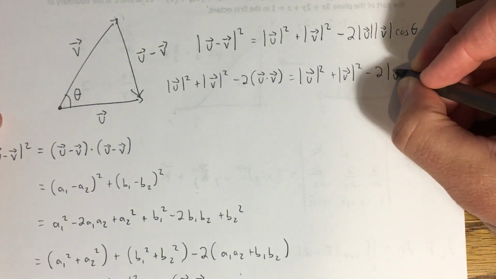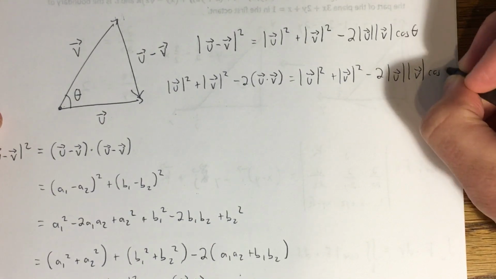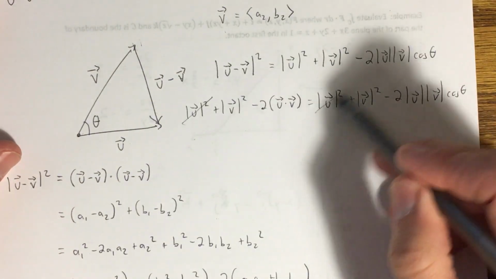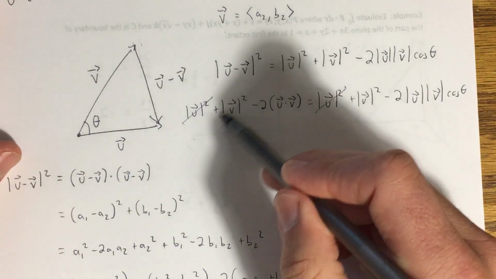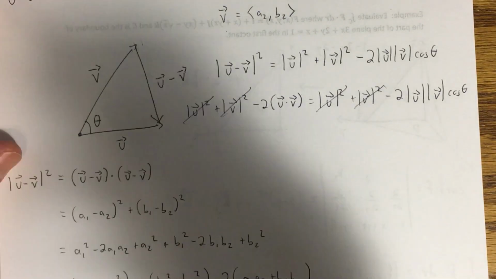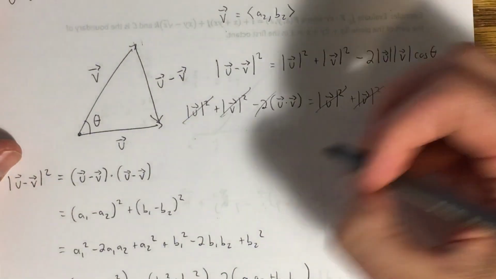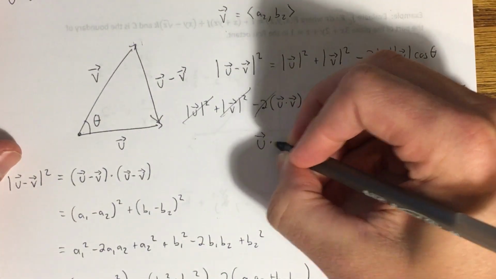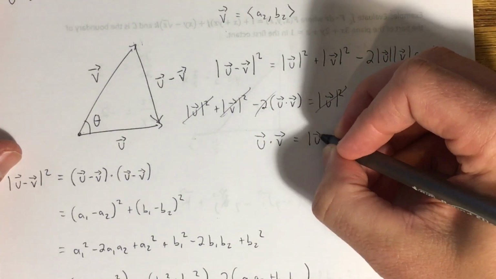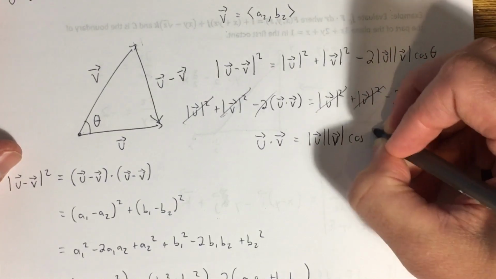the magnitude of u times the magnitude of v times the cosine of theta. Okay, tons of things cancel. Magnitude of u squared, I can subtract that from both sides. Magnitude of v squared, I can cancel that from both sides. Now I have a single term on both sides, each of which is being multiplied by negative 2. Divide the negative 2's. That gives me the dot product of u with v equals the magnitude of u times the magnitude of v times the cosine of theta.